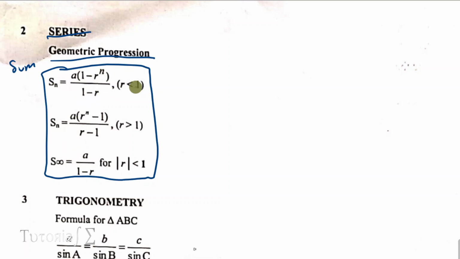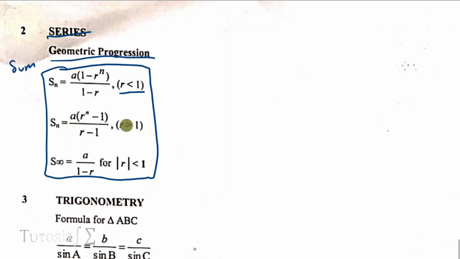The first one is when the value of r is less than 1, so maybe it's like 0.1, 0.02, maybe -1, -2, and so on and so forth. When the value of r is less than 1, we use this formula.